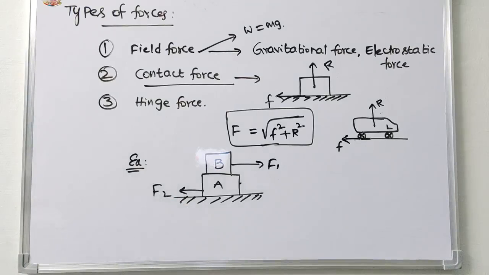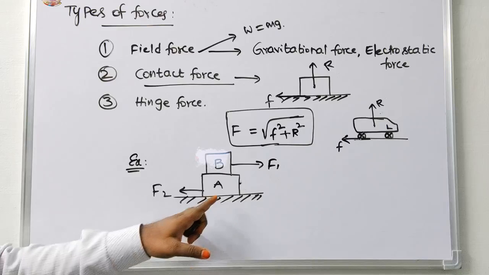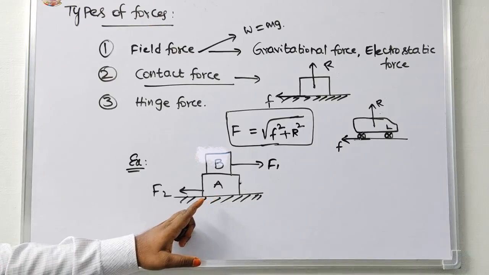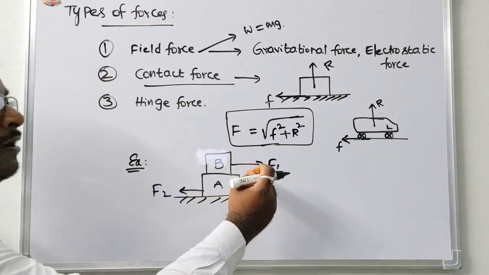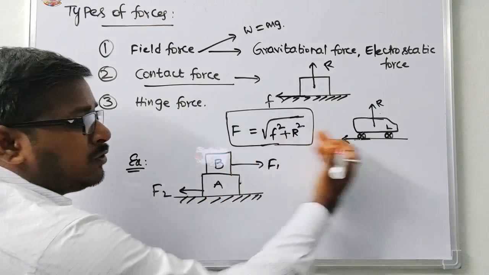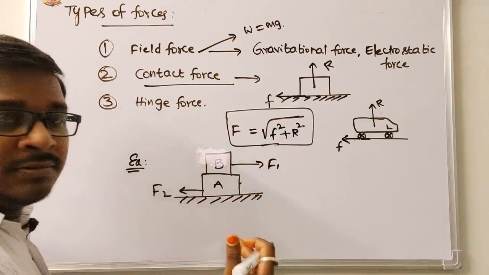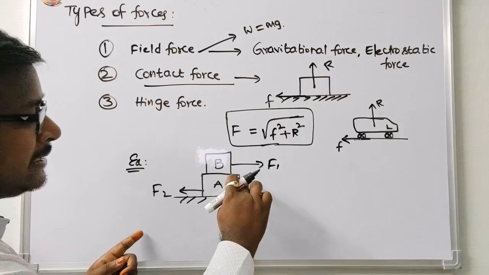In this concept, two wooden blocks A and B are being rubbed against each other. A is being moved to the left and B is being moved to the right, opposite to each other.